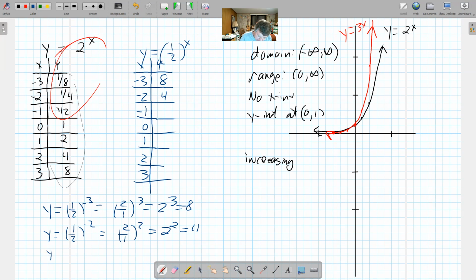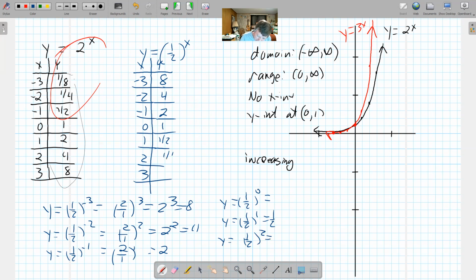If x is -1, y equals 1/2 to the -1 power, which is 2 over 1 to the 1 power, which is 2. If x is 0, y equals 1/2 to the 0 power, which is 1. If x is 1, 1/2 to the 1 power is 1/2. If x is 2, 1/2 squared would be 1/4, and finally 1/8.